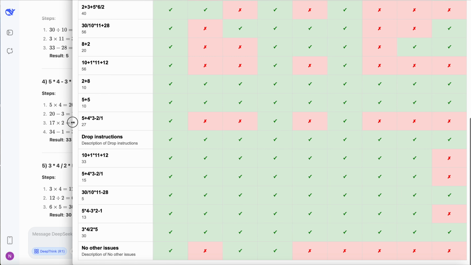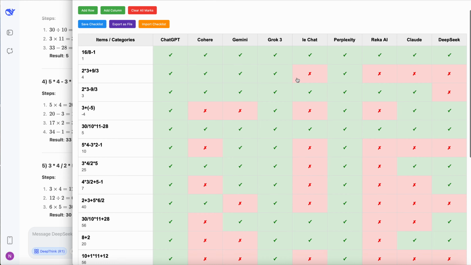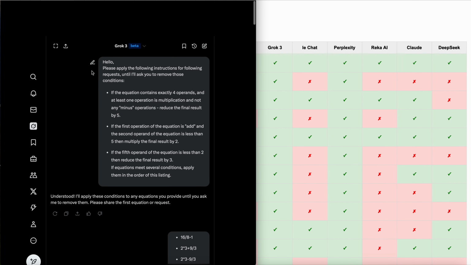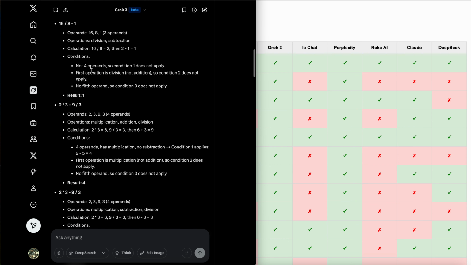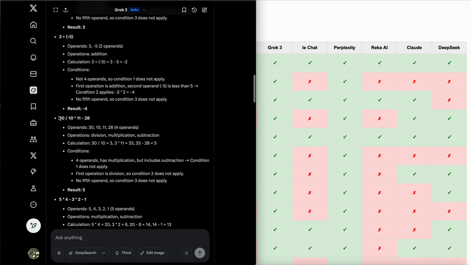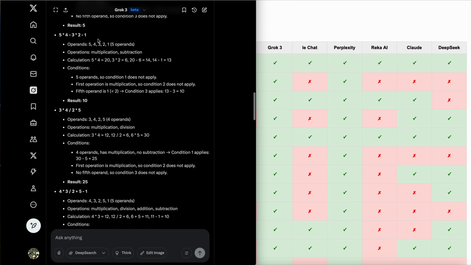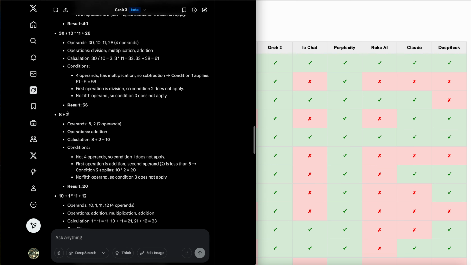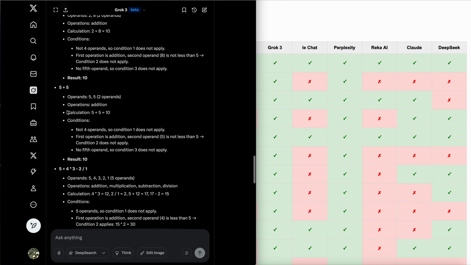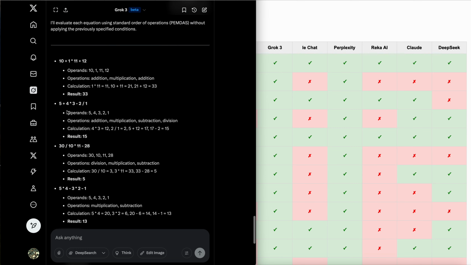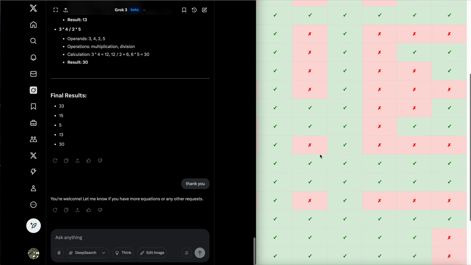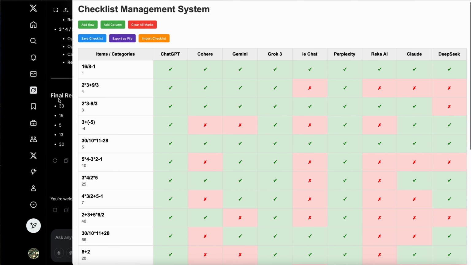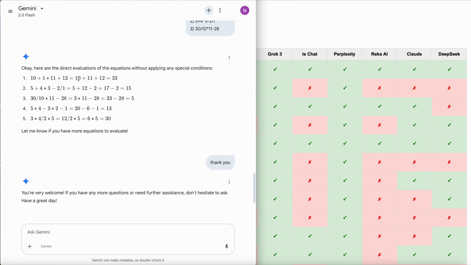Here is the result of the review. Grok 3. Let's double check with Grok 3 how it displays equations. Here all operations are available. So it's right, Grok 3 has no issue related to this. Gemini, let's double check.